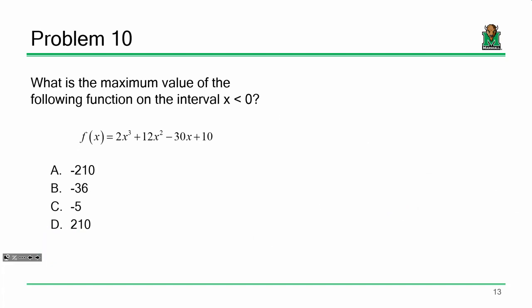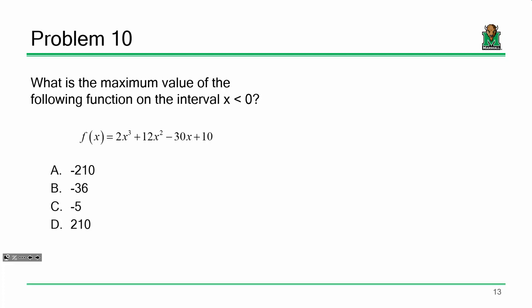All right. What is the maximum value of this function on this interval? So let's think about this one. Let's plot out our strategy. What is the maximum value on that interval?